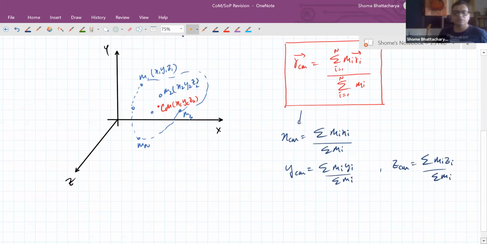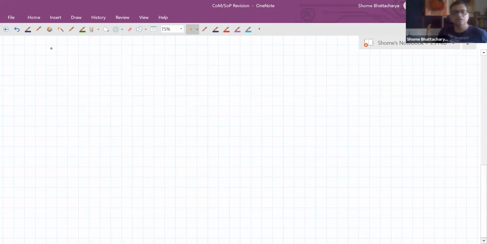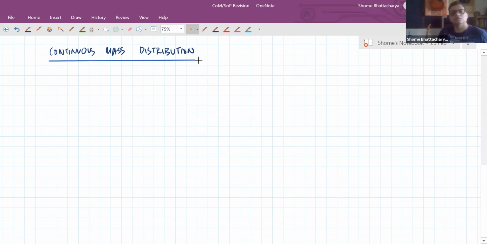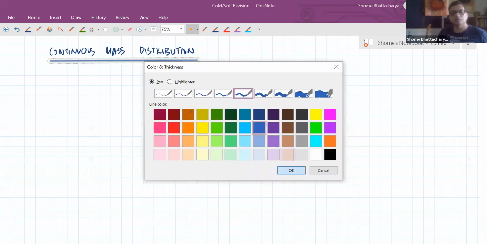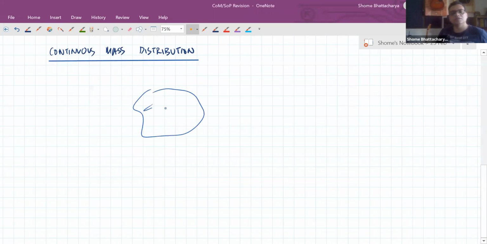Whereas when we consider a continuous mass distribution, so we have something like a rigid body, let's say, where the total mass is M, and we want to find the position of the center of mass with respect to our rectangular coordinate system.